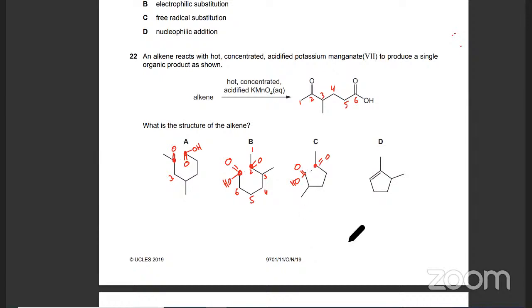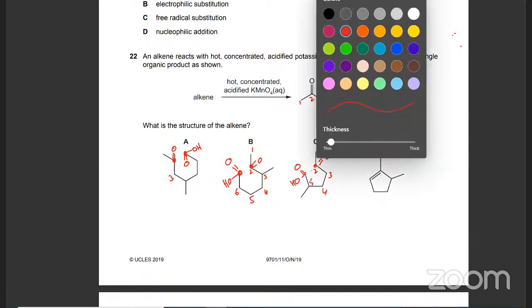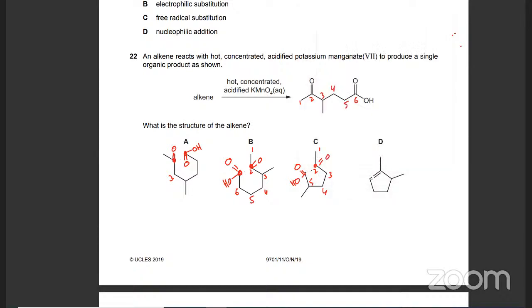The methyl group is wrong. Starting with this side, 1, 2, 3, 4, the one that's poking out should be a branch on the third, but it's at the wrong position. Exactly. So I guess it's this one then. Yes, sir. It's D.